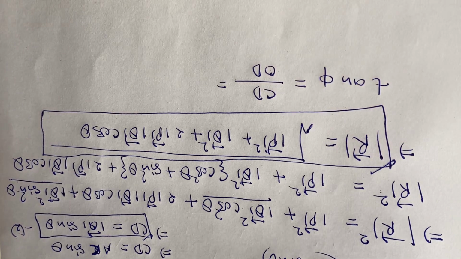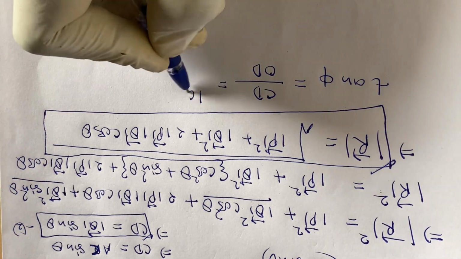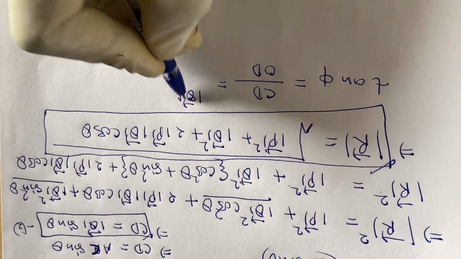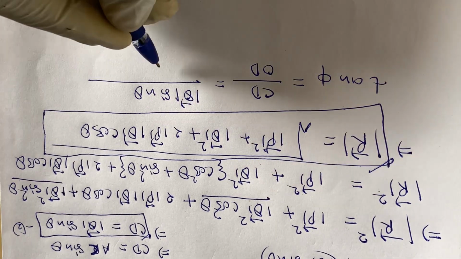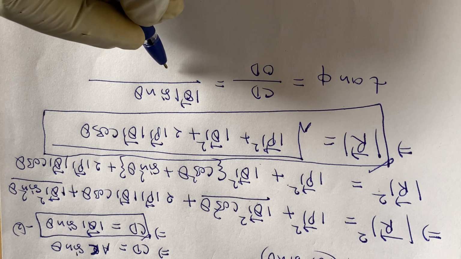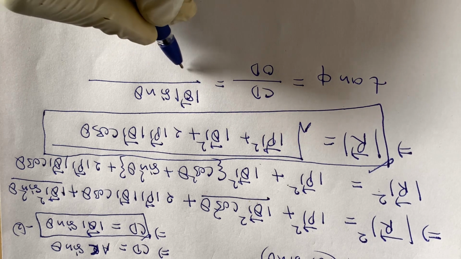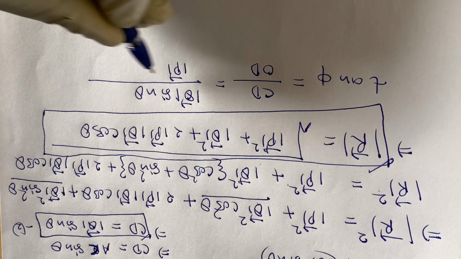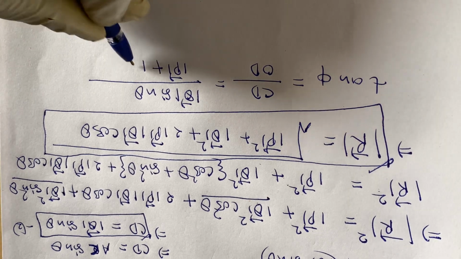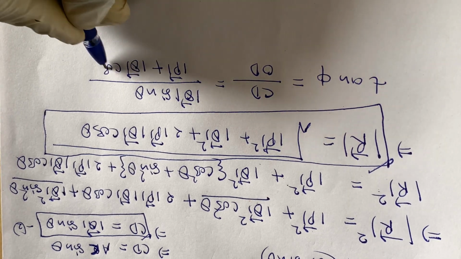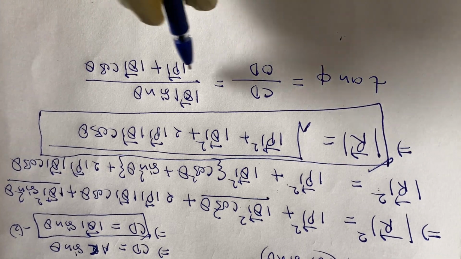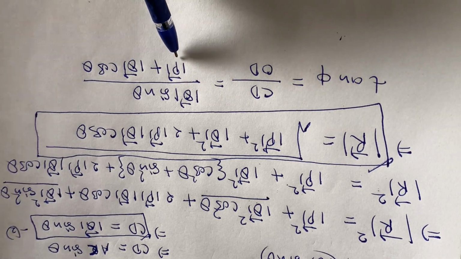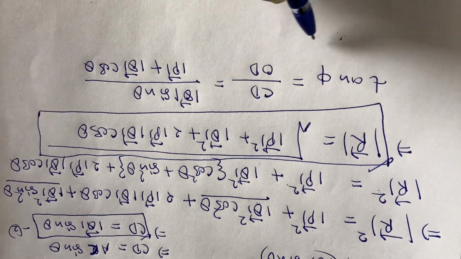CD, as we found earlier, is mod Q sine theta over OD. What is OD? OD is OA plus AD, where OA is the magnitude of P plus mod of Q cos theta. So we get tan phi equals mod Q sine theta upon mod P plus mod Q cos theta.